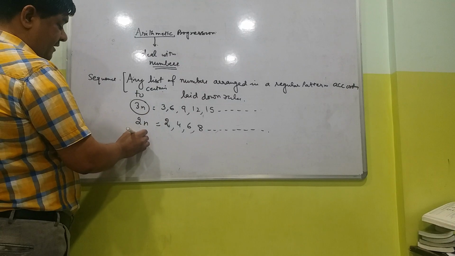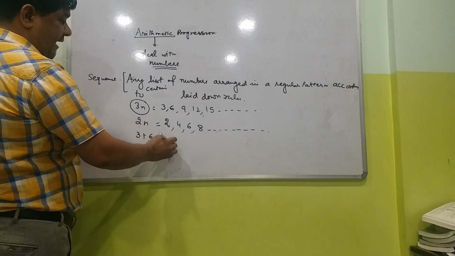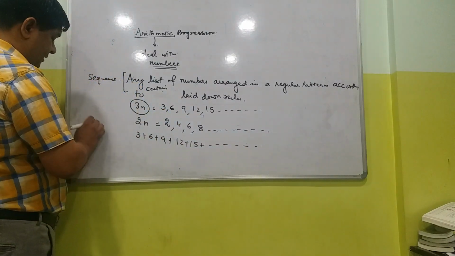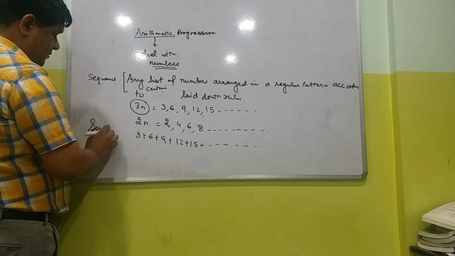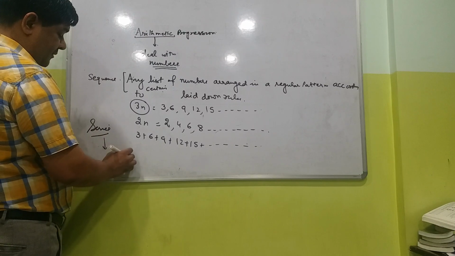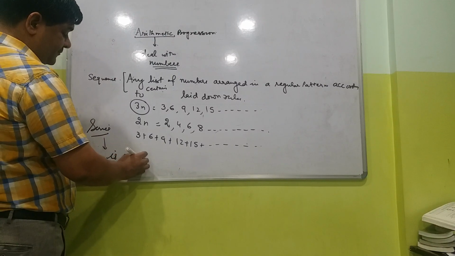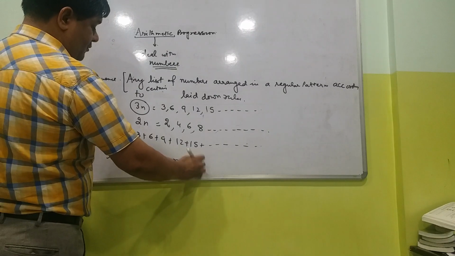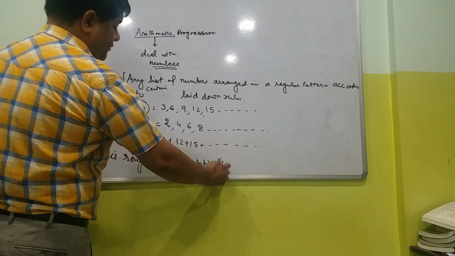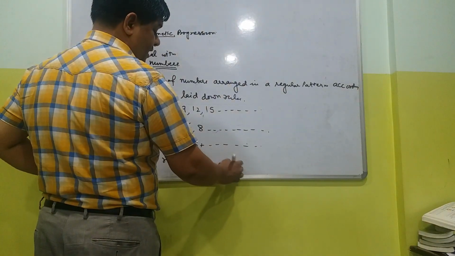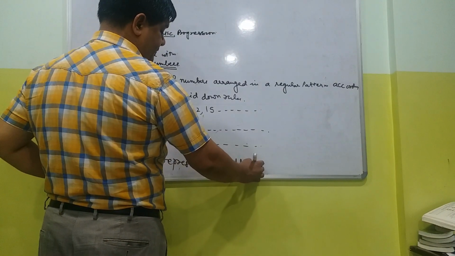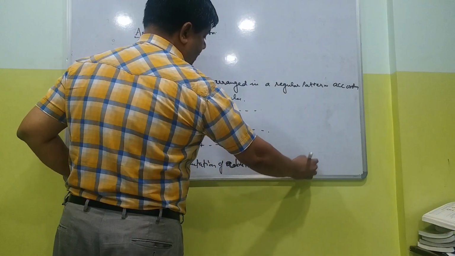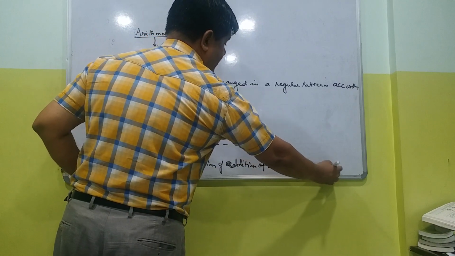And if you represent all these sequences by adding positive signs, then it is called a series. So a series is roughly a representation of the addition operation of a list of numbers.